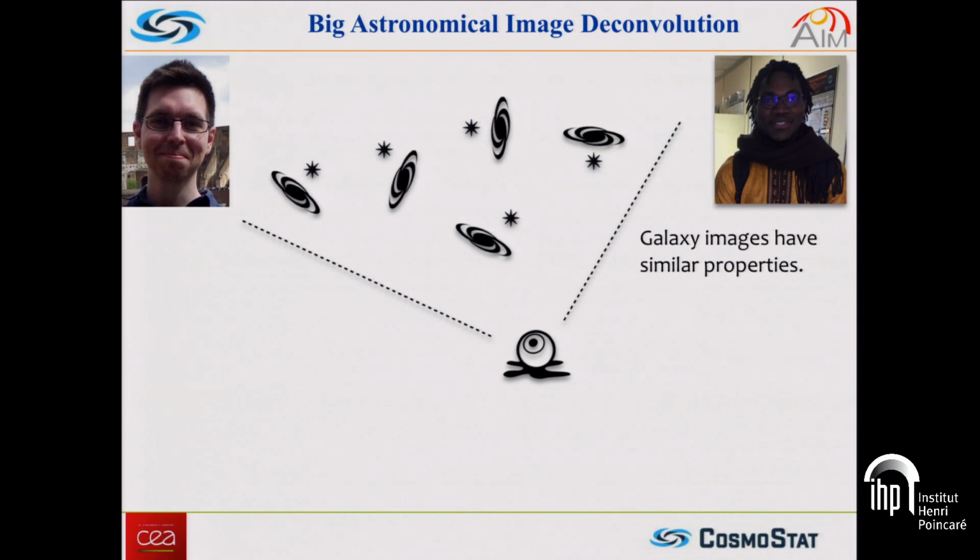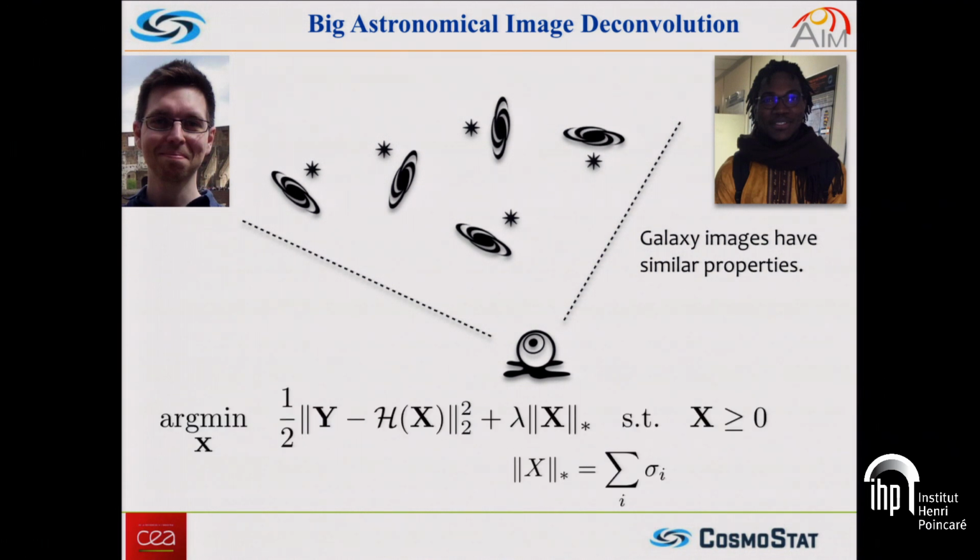So we could not try to deconvolve the whole image, but only detect the galaxies and deconvolve them separately. And the second thing we can do is that some galaxies share some properties. So we can also estimate, in the same way as the PSF, a kind of intrinsic manifold, and we can use a low rank constraint instead of the sparsity constraint.